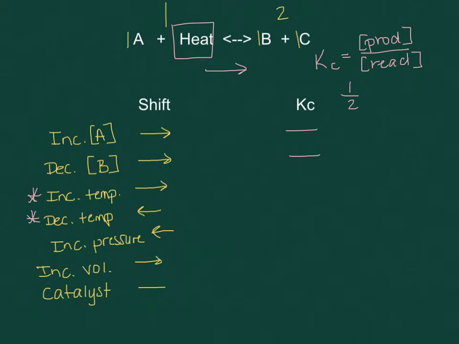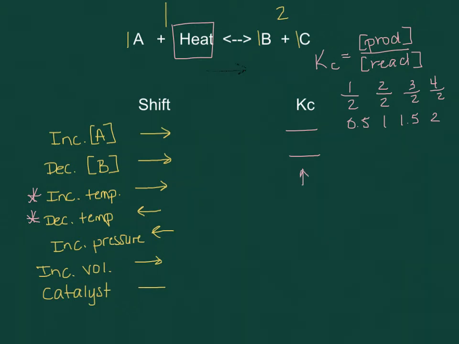And if I've increased my temperature, I've added heat, and I've shifted the equation to the right, my products are going to increase and my reactants are going to stay the same. So let's go to 2 over 2, 3 over 2, 4 over 2. So my Keq value is 0.5, that's 1, 1.5, 2. My Keq value is actually increasing.